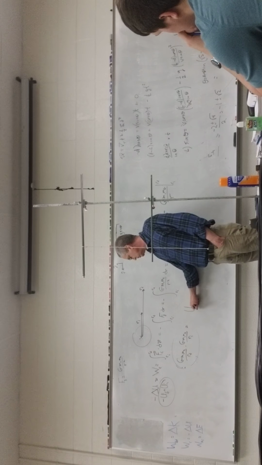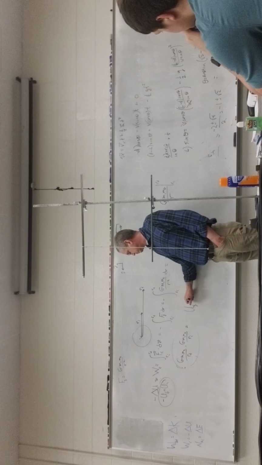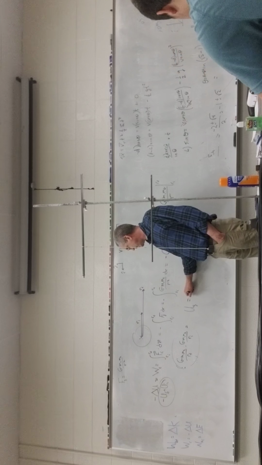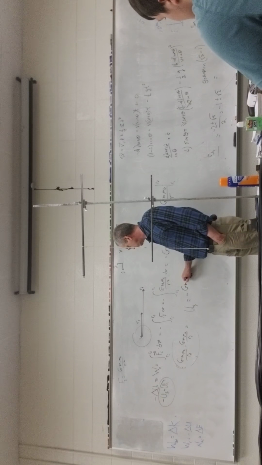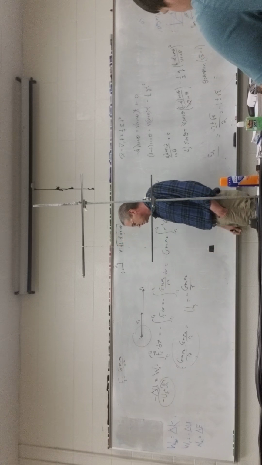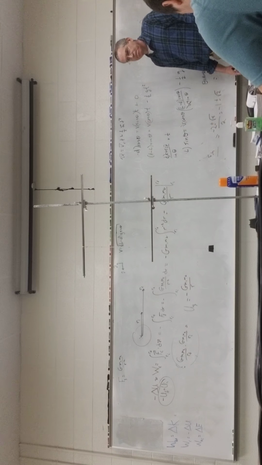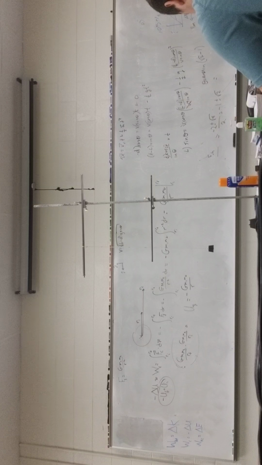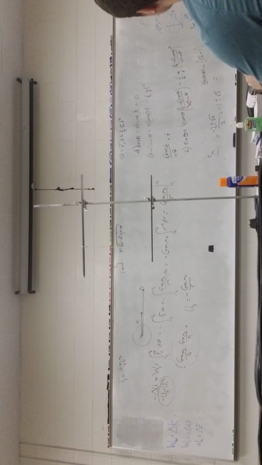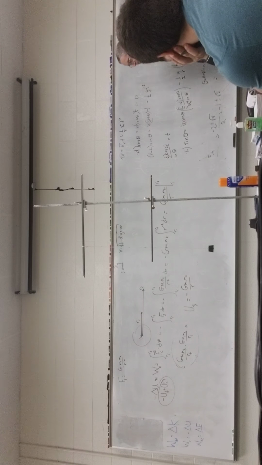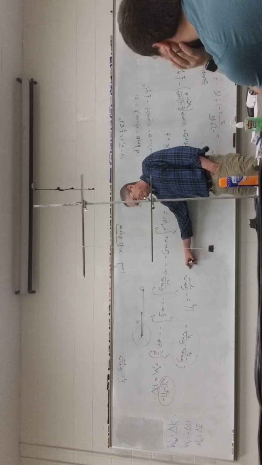The generalized gravitational potential energy formula becomes negative G mass 1 mass 2 over r. It is a scalar. The negative sign is not an indication of direction. Plus some constant.